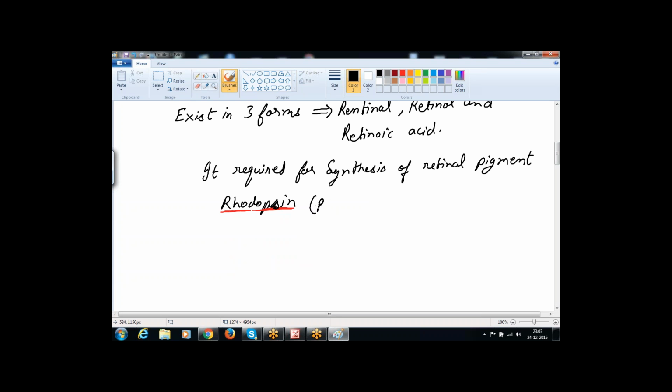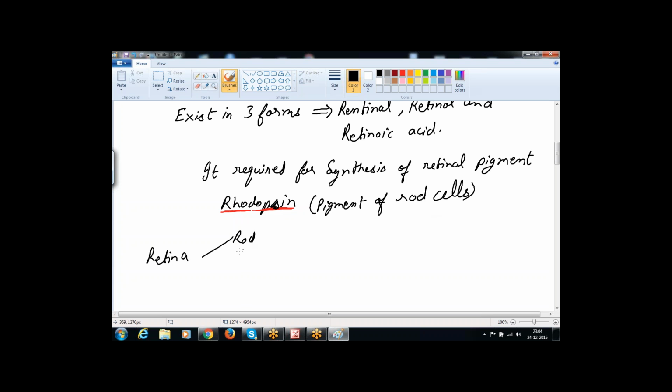Rhodopsin is the pigment of rod cells. If you remember, the retina has two types of cells, the two photosensitive cells.